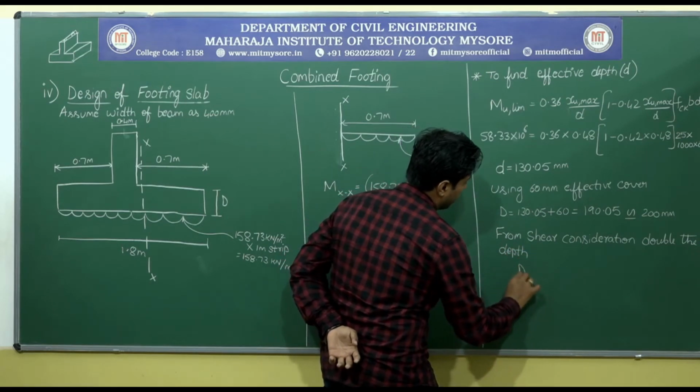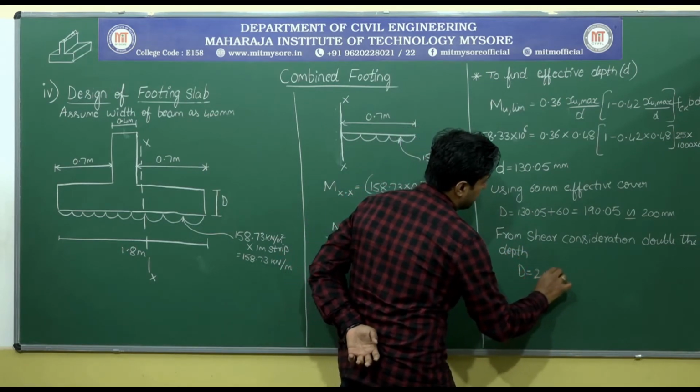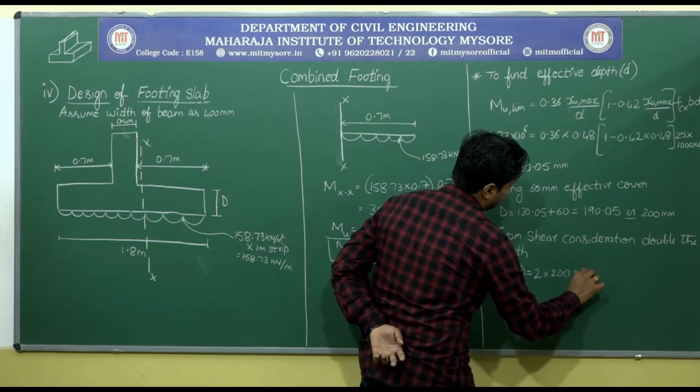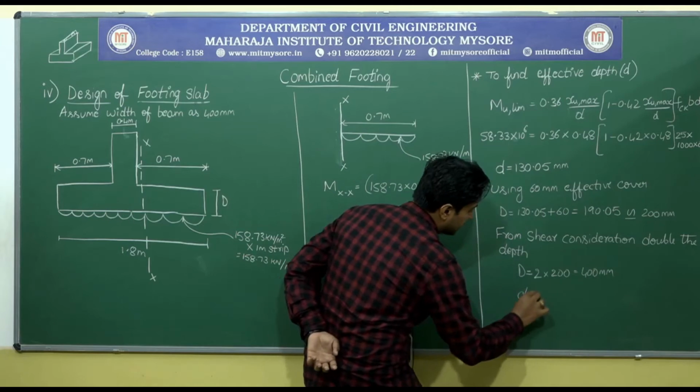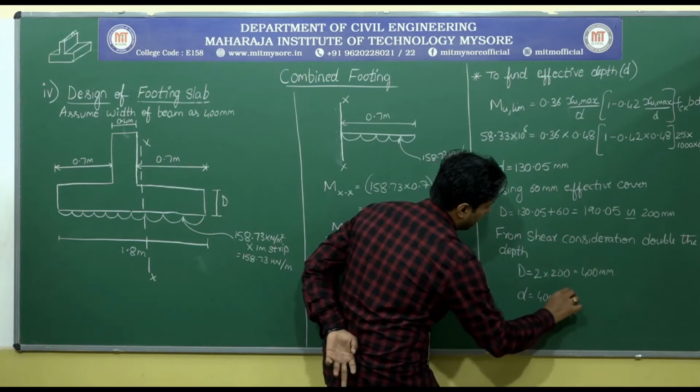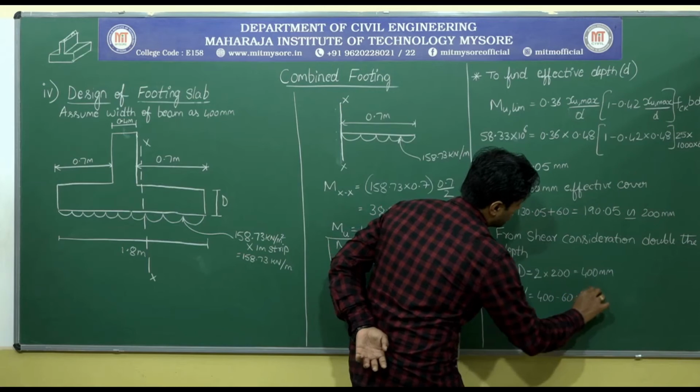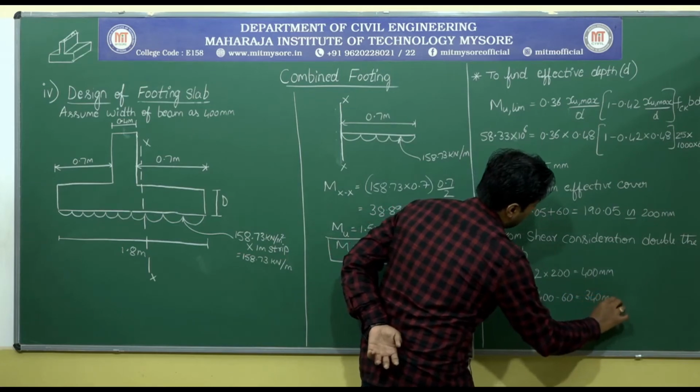So overall depth 2 times I will be taking, that is 400 mm. As we know that effective cover is 60 mm, so 400 minus 60, so it's 340 mm.